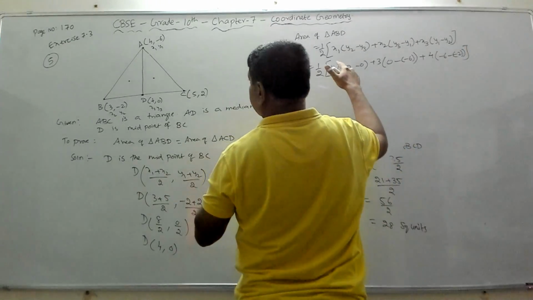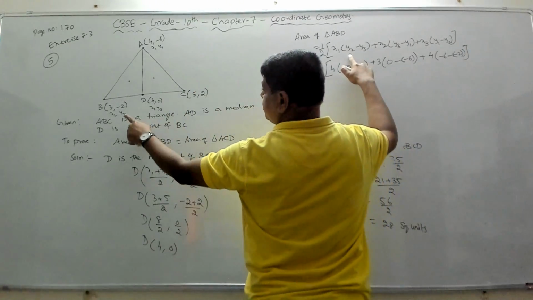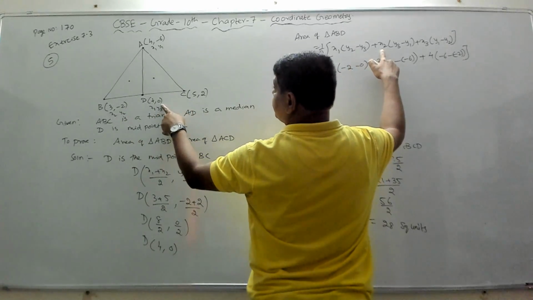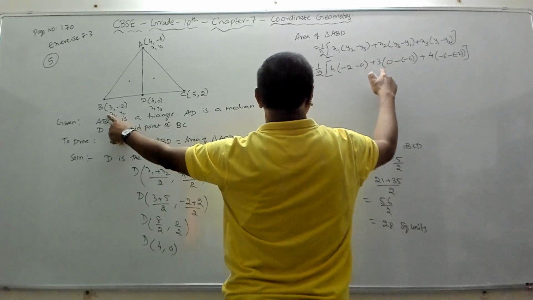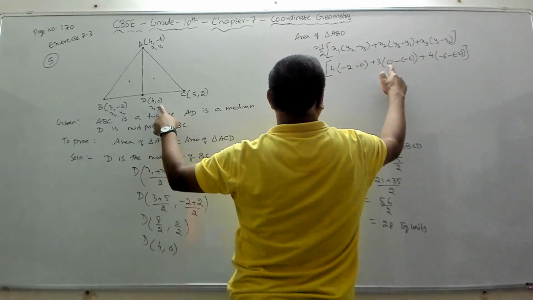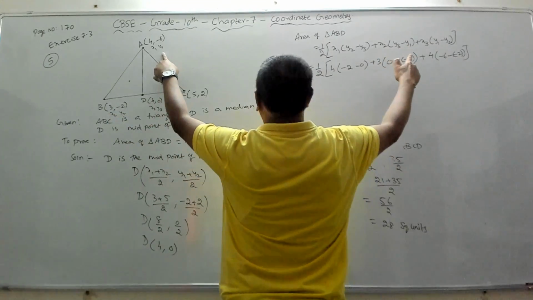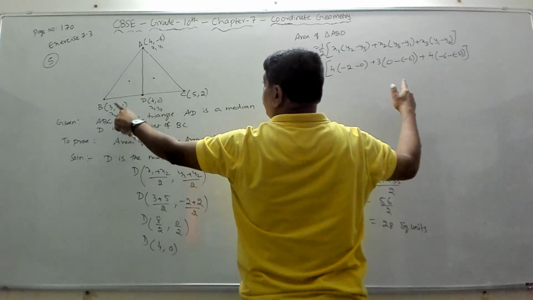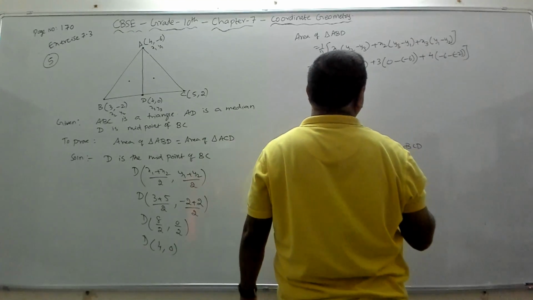Fine. So X1 is 4, Y2 is minus 2, Y3 is this one 0, then X2 is 3, then Y3 is 0, then Y1 is minus 6, minus of minus 6, plus X3 is 4 into Y1 minus Y2.